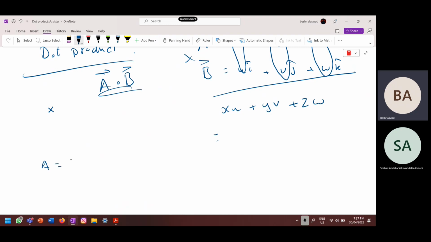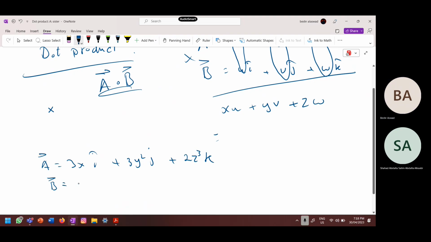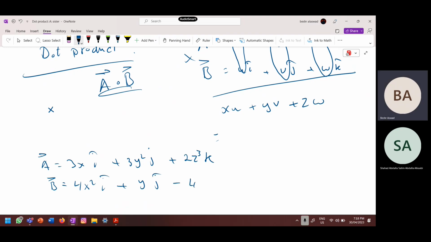Let's say a is equal to 3x i plus 3y squared j plus 2z cubed k, and b is 4x squared i hat plus y j hat minus 4z k hat.